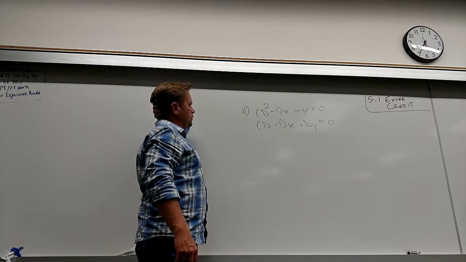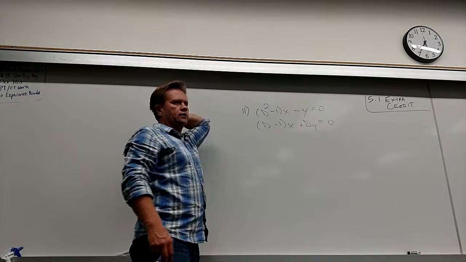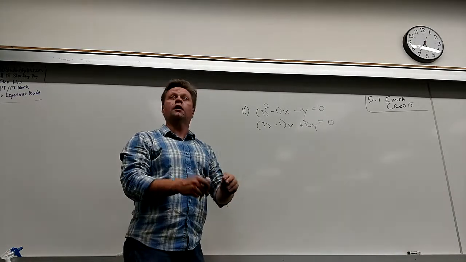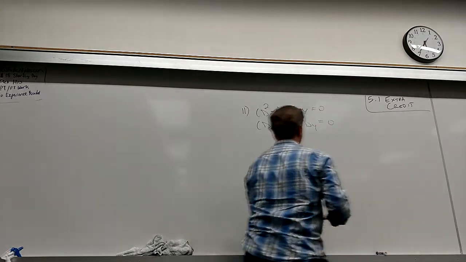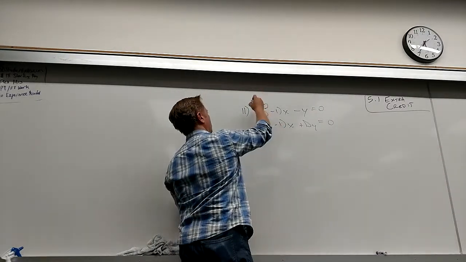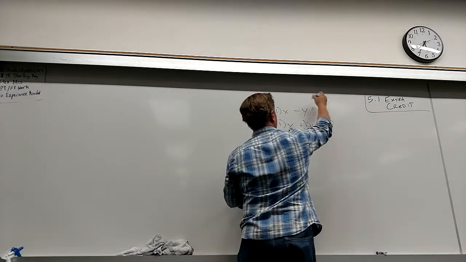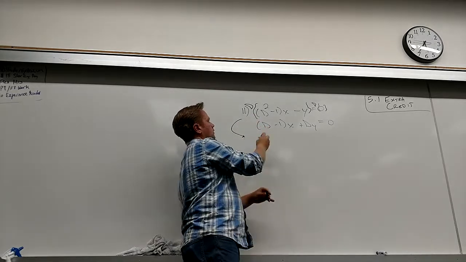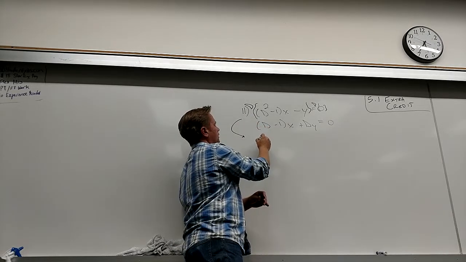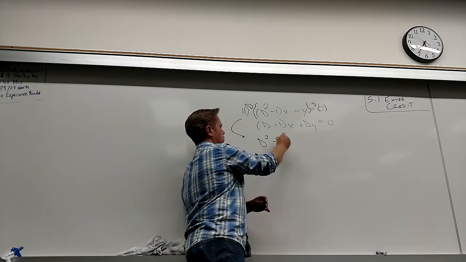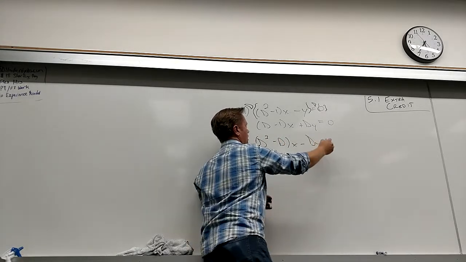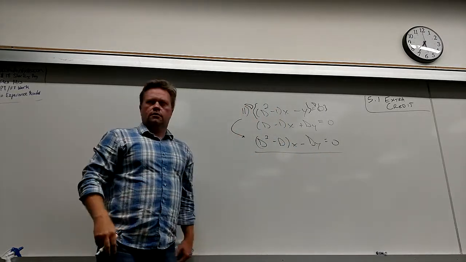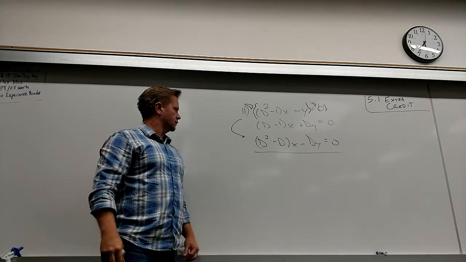So what would I do first here if I wanted to kill the y so I can get x? Operate on this with D. So I get D cubed minus Dx minus Dy equals 0, so then I can combine these.